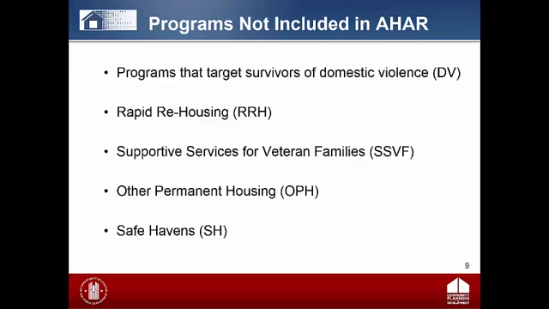Rapid rehousing programs and the VA's Supportive Services for Veteran Families programs are forms of permanent housing rather than permanent supportive housing, and thus are not a part of the estimates of homeless people. Other permanent housing programs are also not included. Finally, safe havens are also excluded.